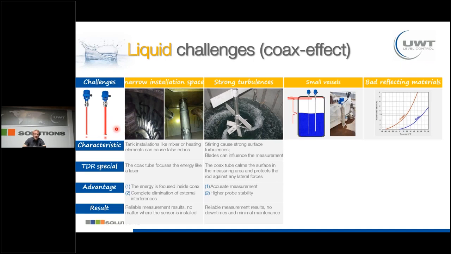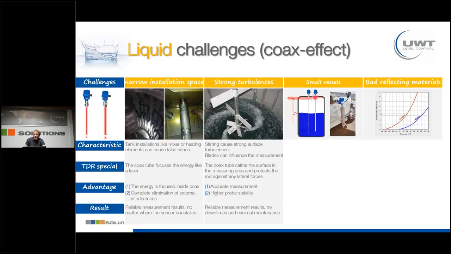There's no need to concern about any damage, because this coax tube is very robust and protects the probe from getting damaged, and you can ignore the blades. So no need to concern about false echoes or probe damage.